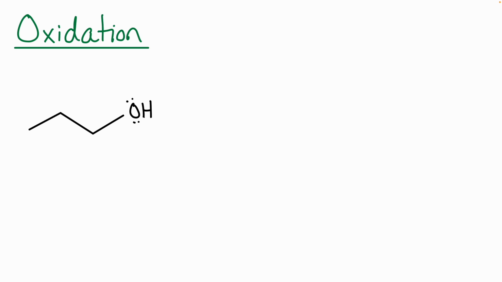Now, a hydroxyl group, by definition, can only be bound to one carbon, right? It's necessarily an OH, so that oxygen can only form one other bond. So when we call this a primary alcohol, it's because our hydroxyl group is bound to a primary carbon.